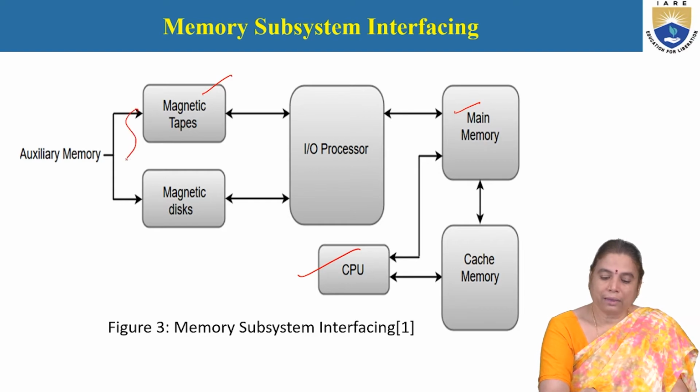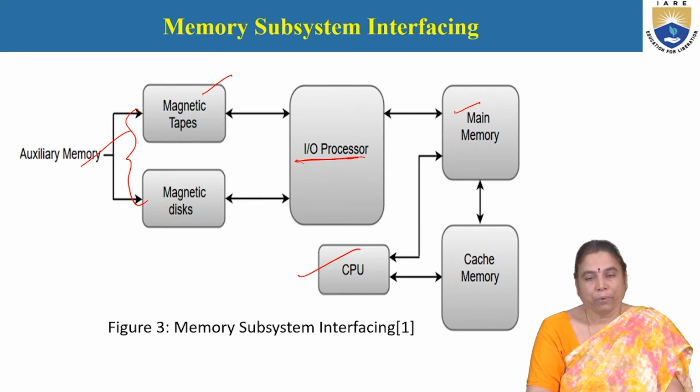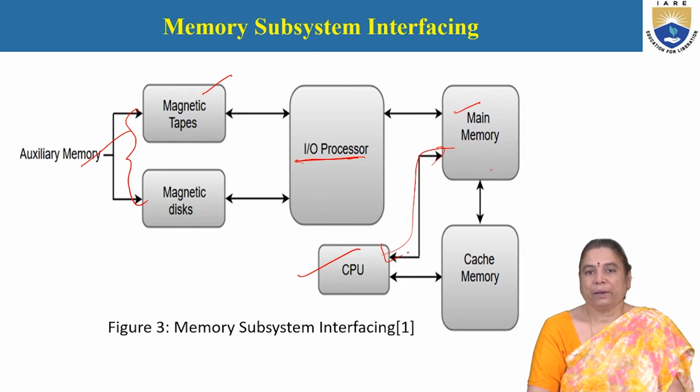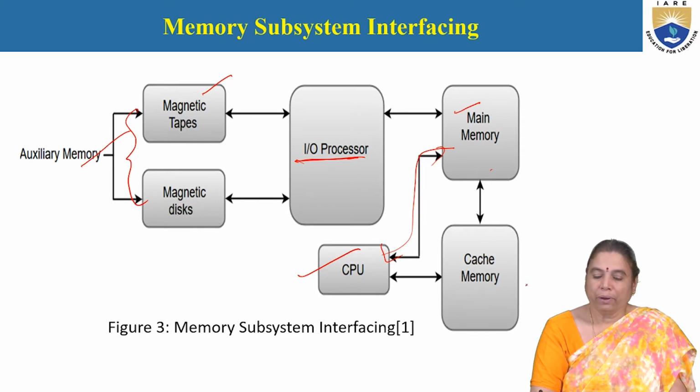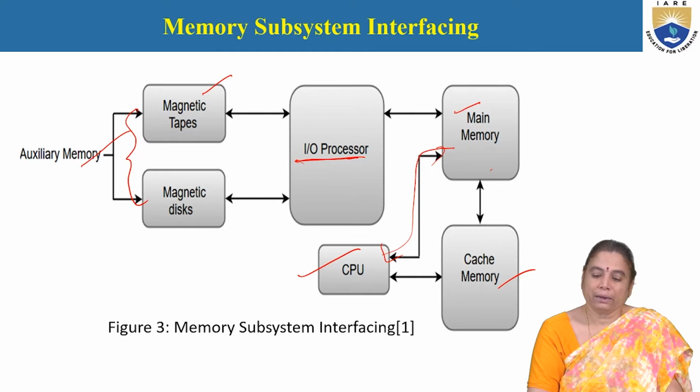So these are the auxiliary memory devices. These auxiliary memory devices can connect to the main memory with the help of the IOP, input-output processor. Main memory can be directly connected with the CPU. And to increase the speed of processing, the cache memory can be employed in between the CPU and the main memory.